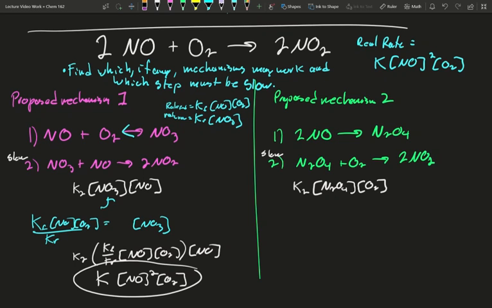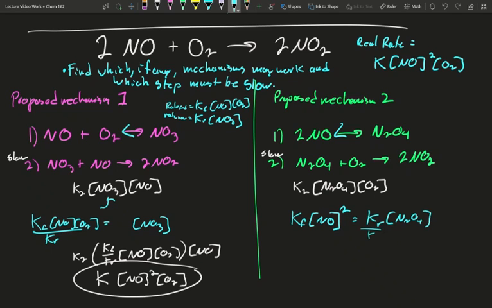Just to double check, let's look over at our green reaction. Same idea. It's got an intermediate. I need to figure out what that is, because the first step, the faster steps before the slow step, would be considered in equilibrium. We could say that there's a kf times [NO]^2, and that must equal the kr times [N2O4].